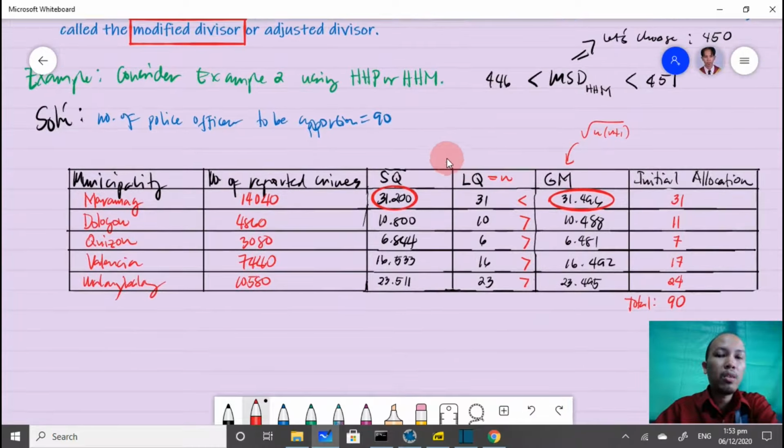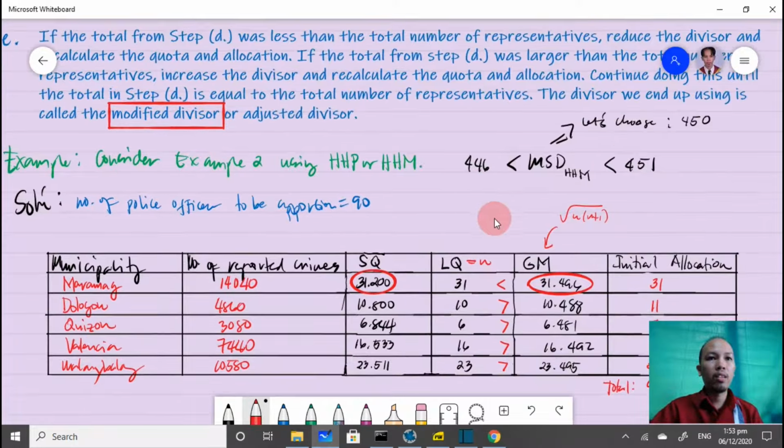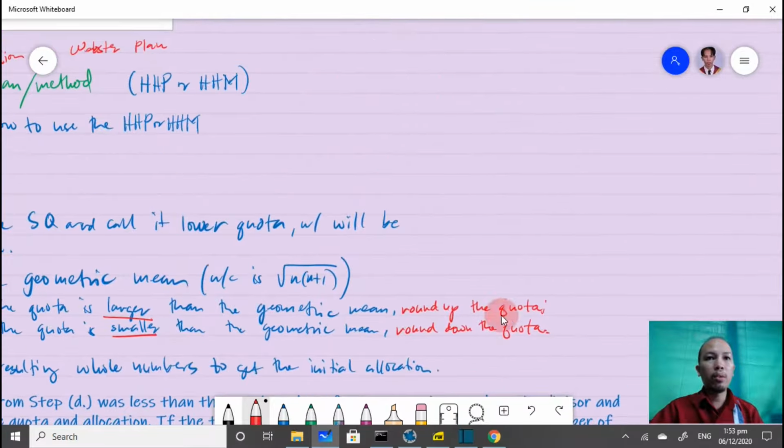I think we are done with the apportionment methods. Let's now talk about fairness. As I told you in our previous example, let me go back to that example.